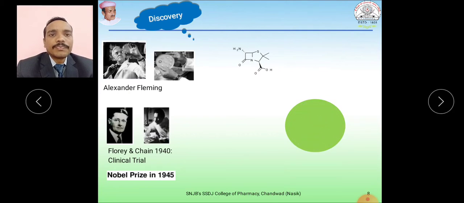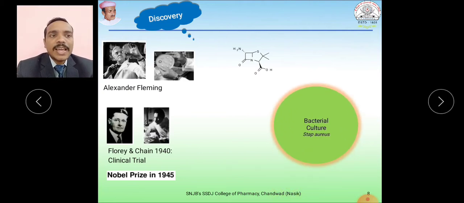Alexander Fleming kept a petri plate of Staphylococcus aureus in his laboratory near the window, and the next day when he came to the lab, he found a zone of inhibition in that culture of Staphylococcus aureus.